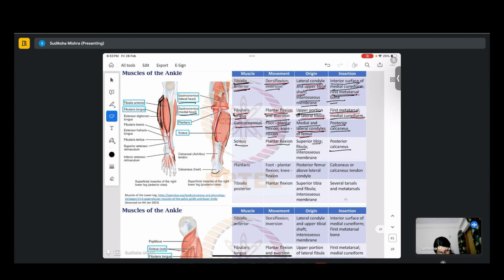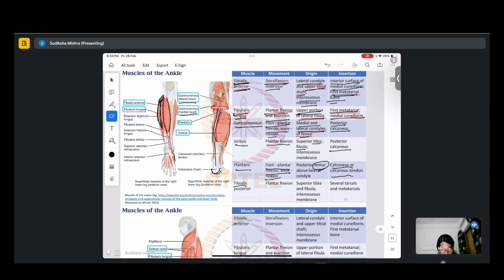This is the soleus muscle, and this is the insertion point. Next is the plantaris, which is basically this one. It is responsible for foot plantar flexion and knee flexion, and it also originates in the femur, so a relatively large muscle, and inserts into the calcaneus tendon here.